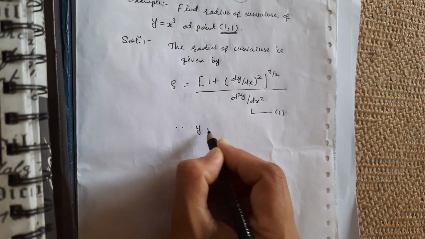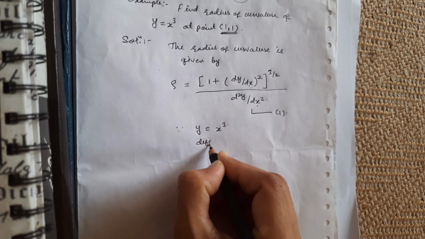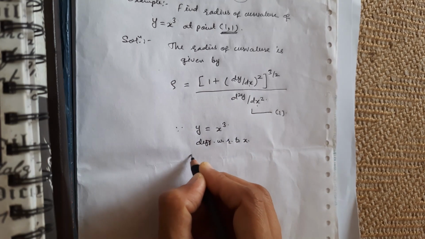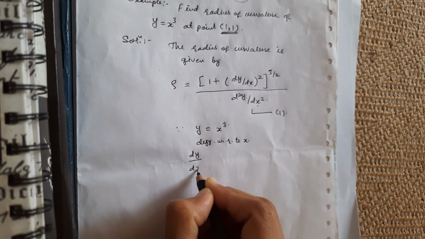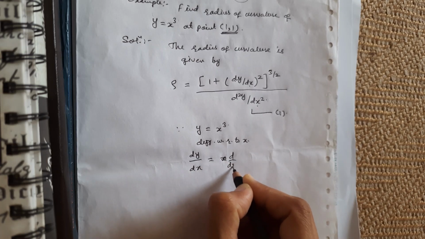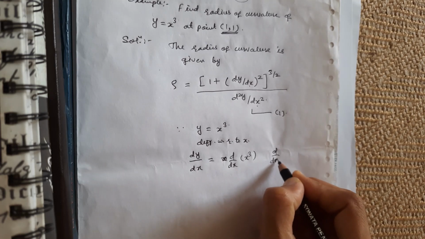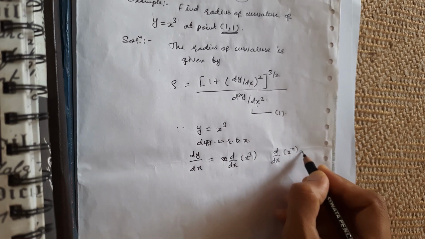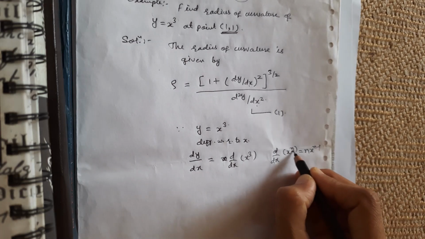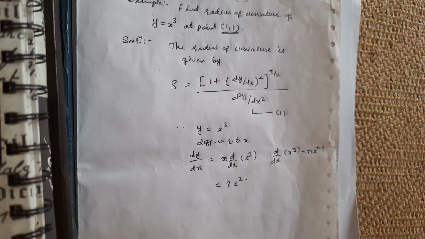Since the given curve is y equals x cube, differentiating with respect to x, I get dy by dx equals d by dx of x cube. Using the standard formula of d by dx of x to the power n, which is n into x to the power n minus 1, put n equals 3 here. So I get 3x square.